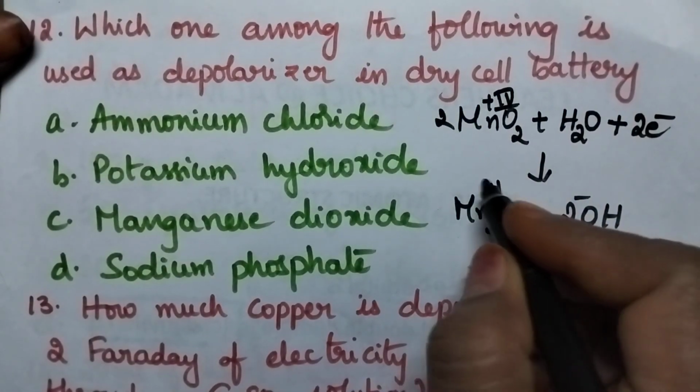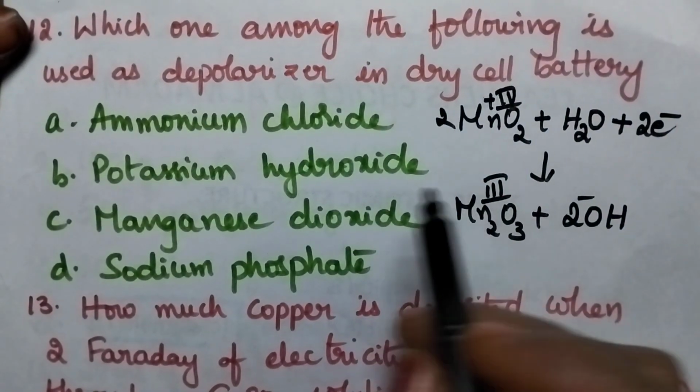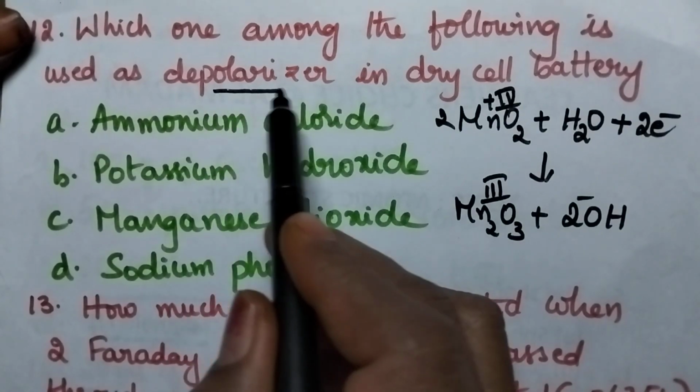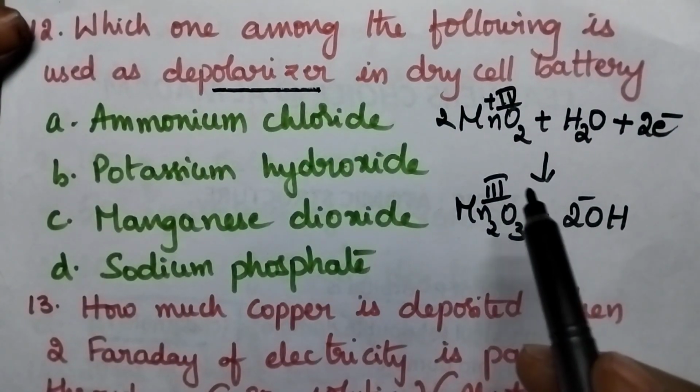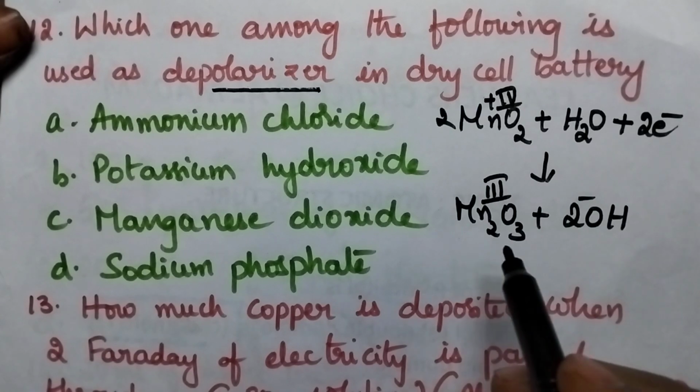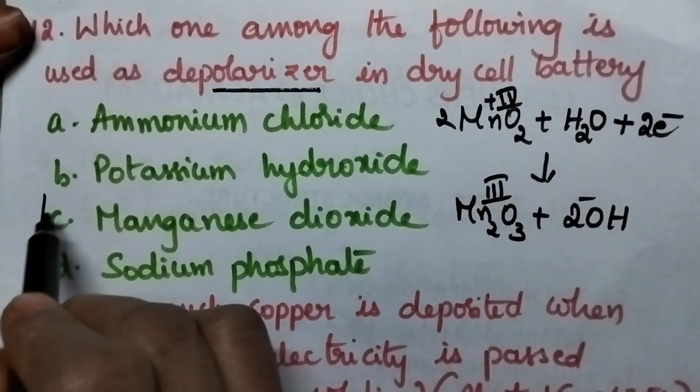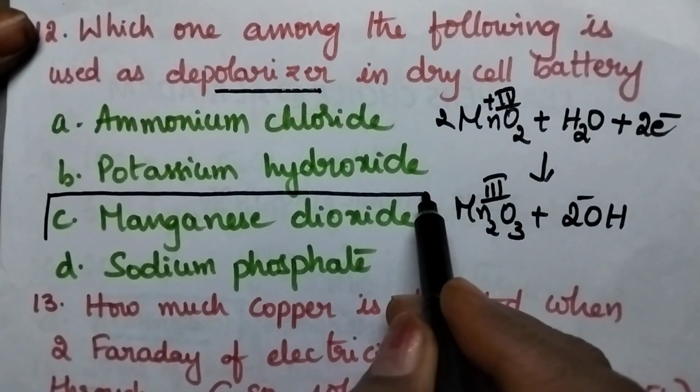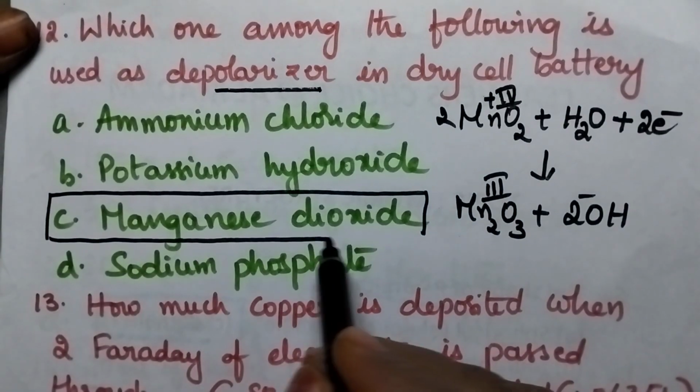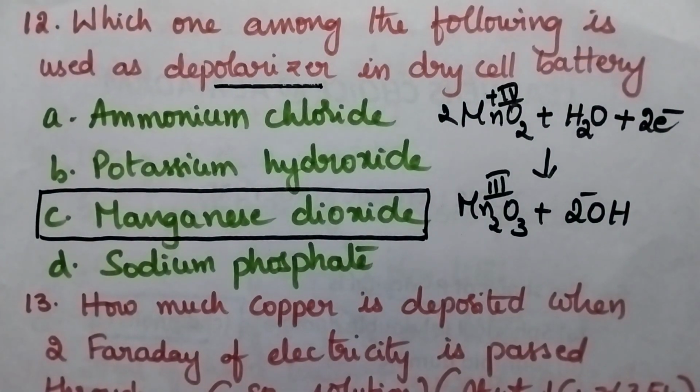Here the oxidation state of manganese is 3. Depolarizer means which undergoes a change in the oxidation state. So here manganese undergoes the change in the oxidation state. So option C, manganese dioxide, is the right answer.